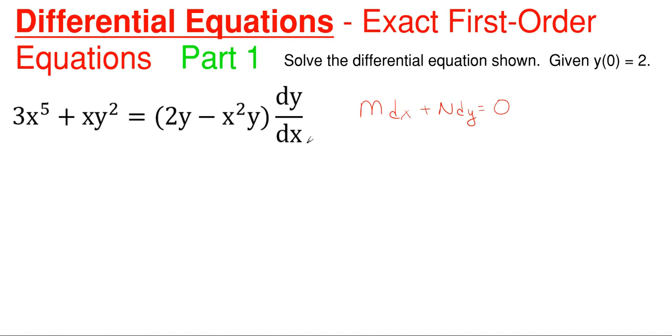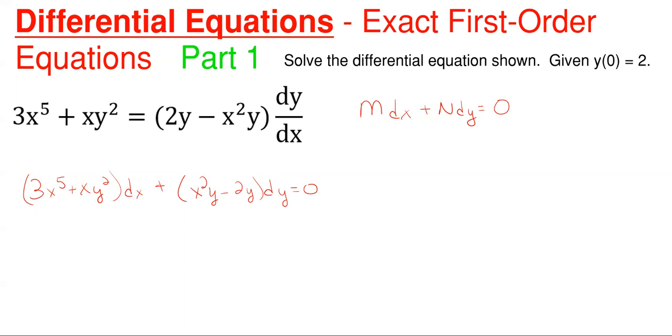So rearranging everything here, multiplying through by dx on the left side and taking this entire right side over here, this is what we end up with. We have 3x to the 5th plus xy squared, all of that multiplied by the dx, plus, taking all this to the left side, x squared times y minus 2y, and all of that with the dy equal to 0.